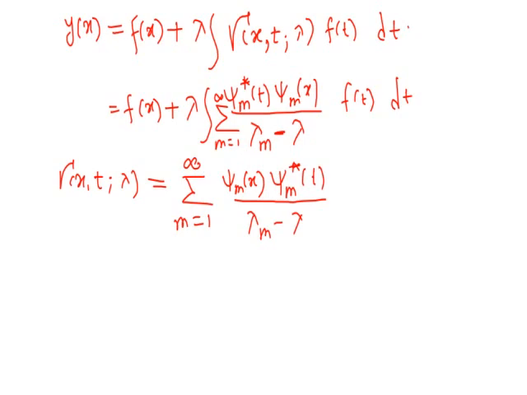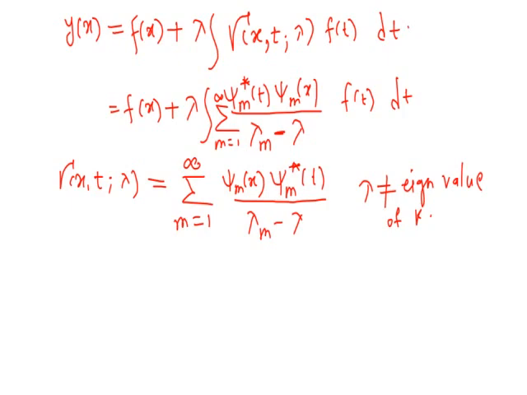such that lambda is not the eigenvalue of k of x comma t. Because if lambda is the eigenvalue, then this resolvent kernel will not exist.